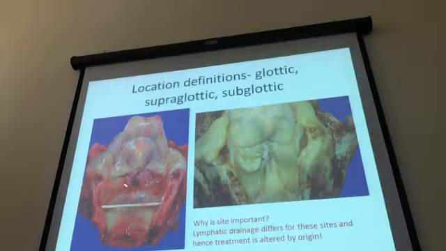So our job as pathologists is to make sure that we explicitly define the location of the tumor as best we can in terms of supraglottic, above here, glottic, or infraglottic. It's also important to specify whether it crosses the midline. So unilateral tumor, one treatment; crossing the midline, bilateral involvement, different treatment, different lymph node dissection, etc. So this is very, very important.